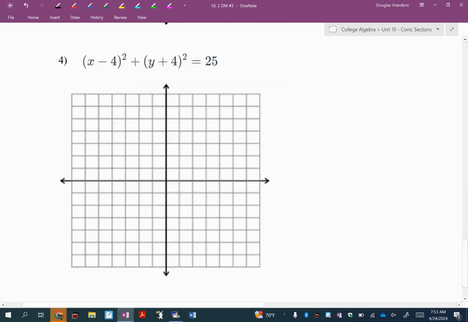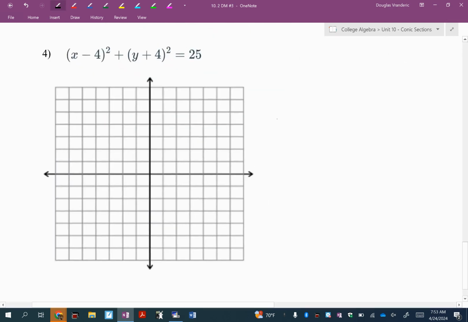All right, let's do the last one, number 4. The center in number 4. Minerva, what's the center in number 4? Excellent. And Gabriel, what's the radius in number 4?